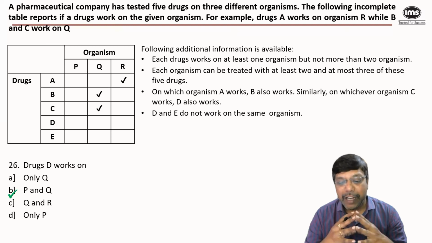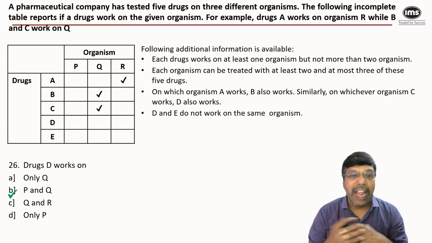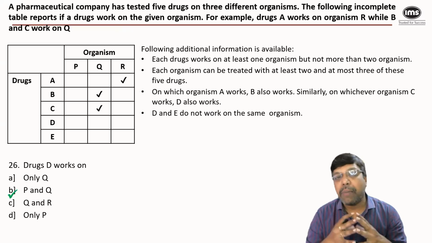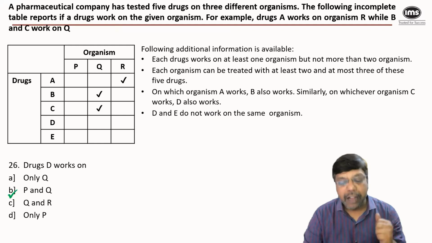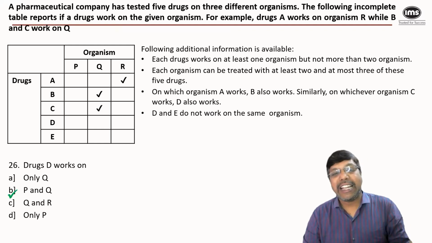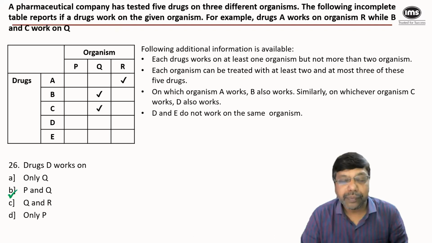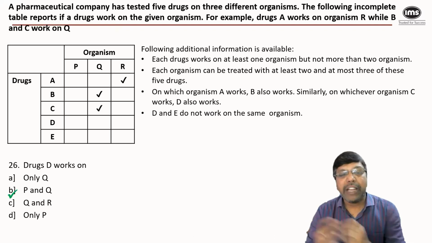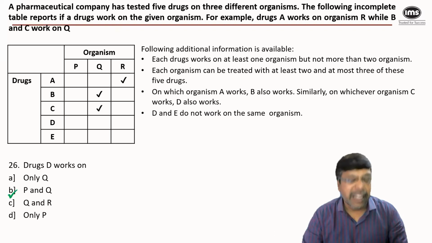Now, the data given talks about certain drugs and certain organisms. There's a pharmaceutical company which is testing the effect of 5 drugs A, B, C, D, E on 3 organisms P, Q, R. And there is some information given to us in the form of statements. Let's understand.